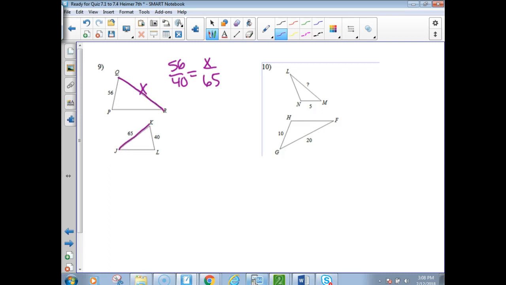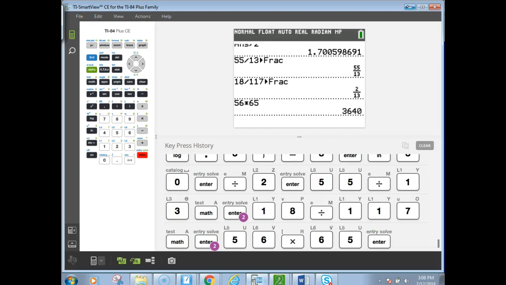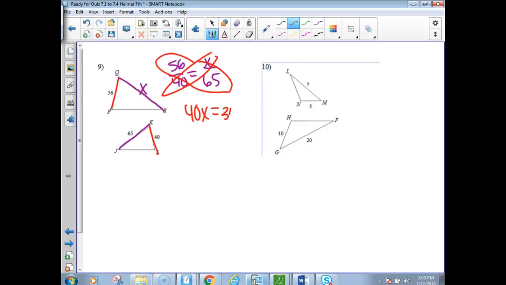This is the long side. So x and 65 are corresponding, and 56 and 40 are. So that's set up correctly. It could be any way as long as you've got 40 times x, 40 across from the x. Excuse me, 56 times 65. I guess I'll grab my calculator. Should make Evan finish it for me. That's 3,640. And then you're going to get x is 91 when you divide.